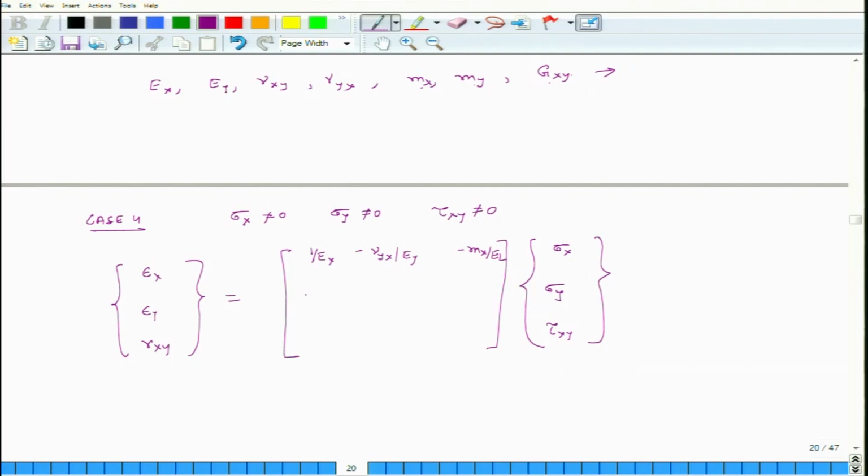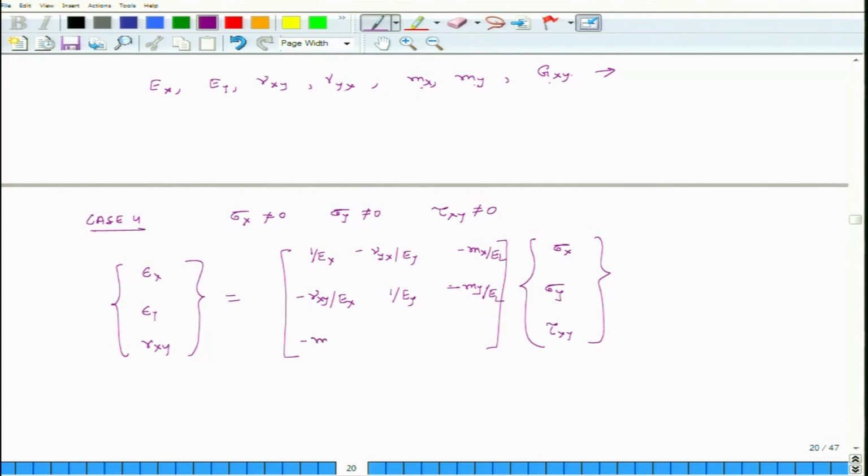And then the second row we have minus nu xy divided by Ex, 1 over Ey, and minus my divided by EL.